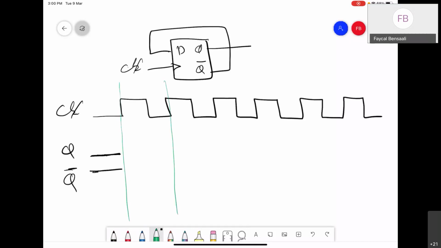So those are the rising edges. And D is connected to Q bar. At the first rising edge, what is the value of D?